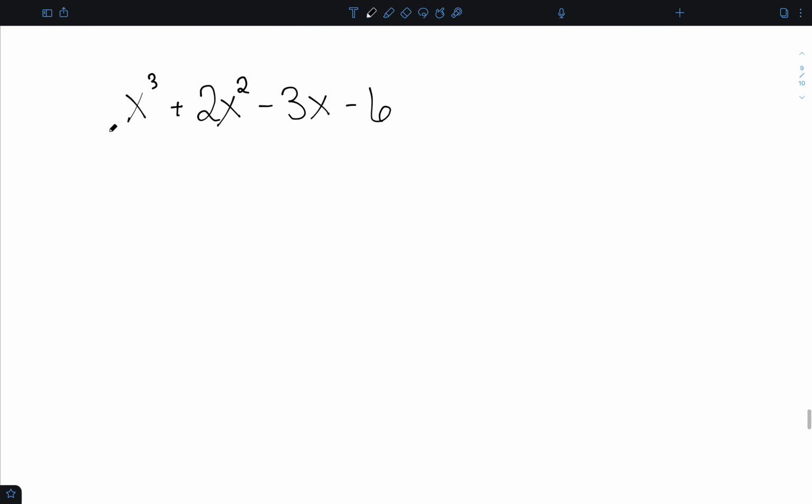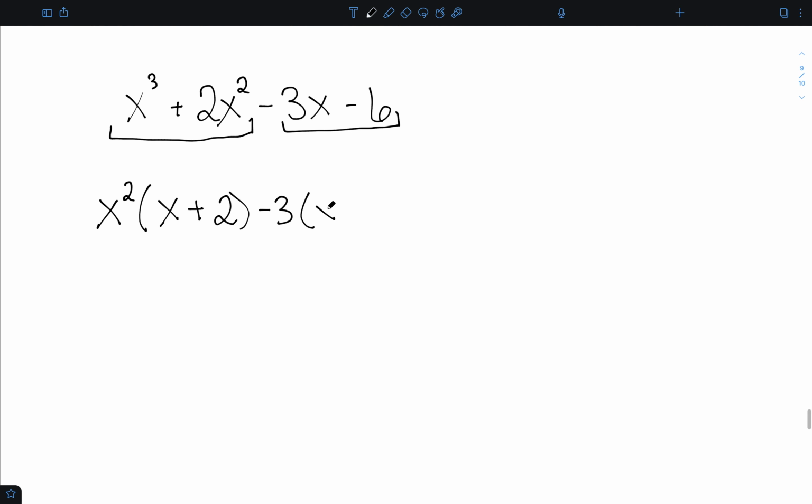Let's look at another one. If I start with these first two pieces, we can see they have an x squared in common, and I'm left with an x plus 2. My second two actually have a negative 3 in common, and that'll once again leave me with x plus 2. Since I'm removing a negative 3, I went ahead and removed the negative sign and made it plus.